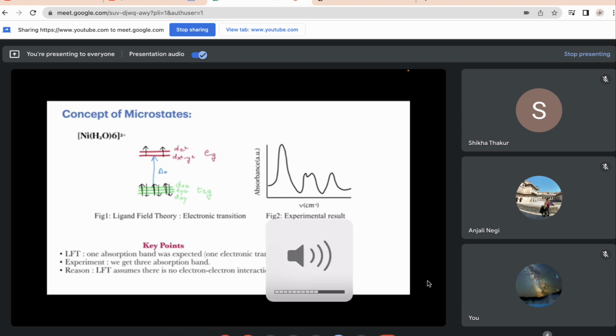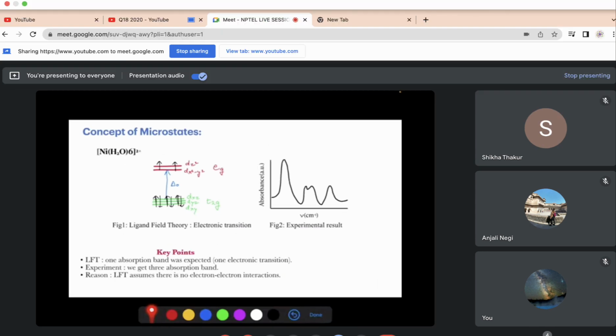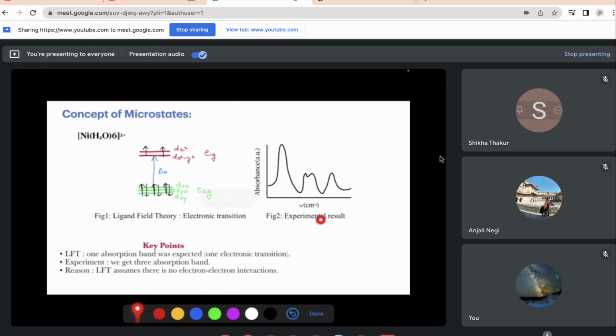So this comes from the optical absorption spectra, also known as the electronic spectra of the coordination compound. I take the example of the hexa-aqua nickel 2 plus complex ion. It is an octahedral D8 complex ion. According to ligand field theory, the metal d orbitals in an octahedral field split into T2G and EG, so for this complex there are 6 electrons in T2G and 2 electrons in EG.